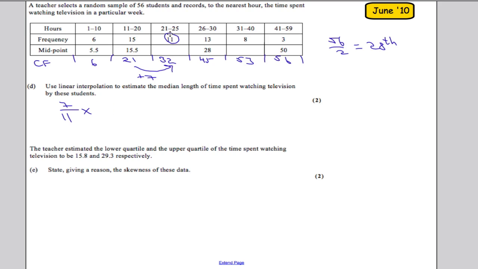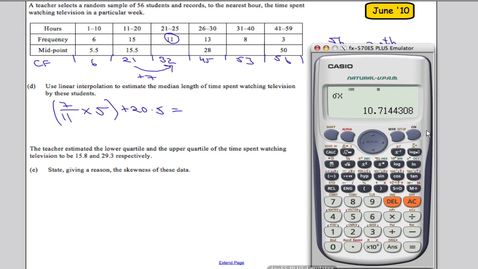Multiplied by the class width. The class width goes from 20.5 to 25.5, which is a class width of 5. And then add on your lowest bound, which is 20.5. So let's take our calculator out. We need 7 over 11.